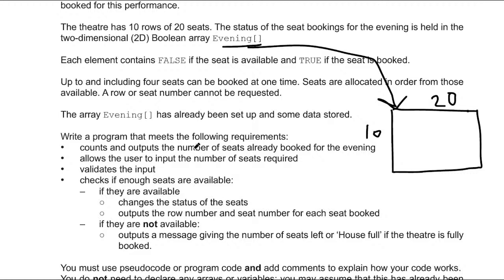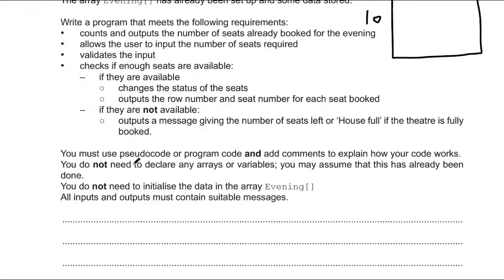If enough seats are available, change the status of the seats from false to true to show that booking has been done. Output the row number and the seat number for each seat booked. If they are not available, output a message giving the number of seats left, or house full if the theater is fully booked. You must use pseudocode or program code and add comments to explain how your code works.